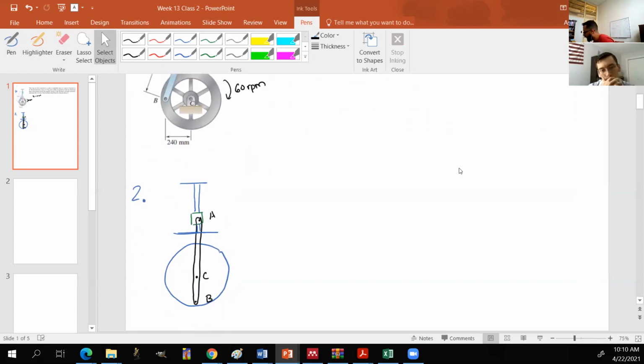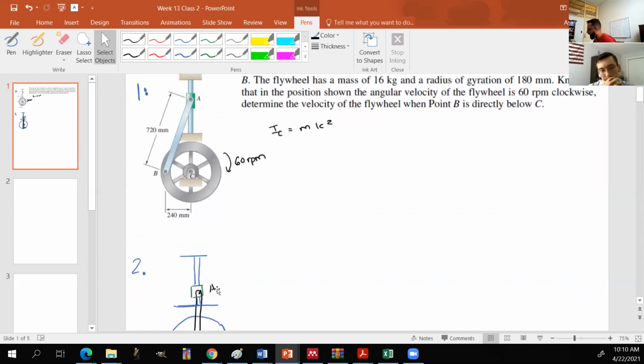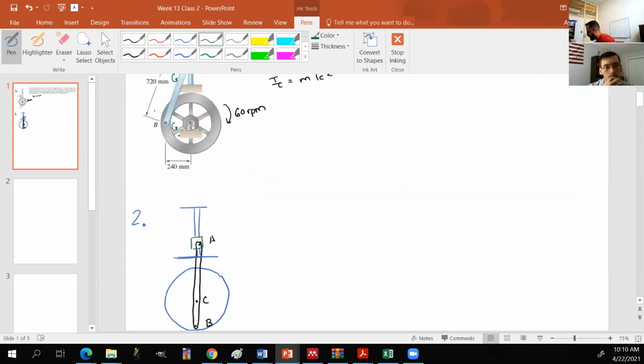Right. And remember, the one thing to remember here is that when I'm looking at the rod, you always want to know for your rigid bodies where the mass center is, because that's where the potential energy is going to go, and that's where you're going to find your Ig omega squared term, right? That's the kinetic energy. So here, G is going to be in the center, and here as well, G is going to be somewhere in the center.